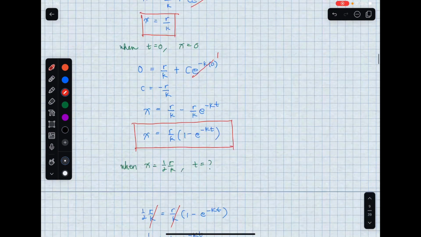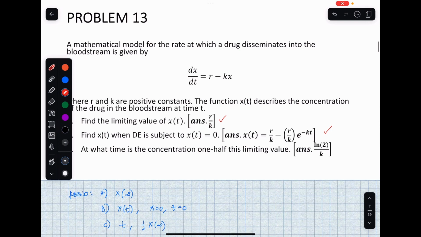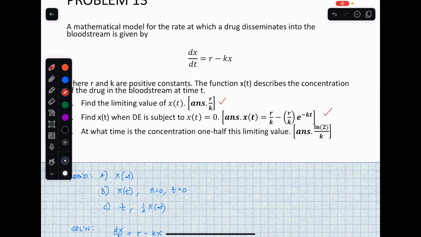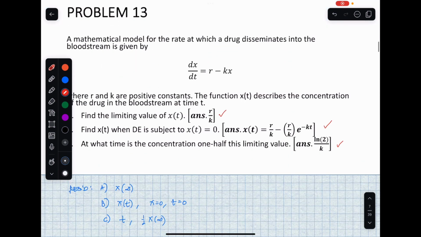So that's the time. The unit of time was not provided, so we don't have a unit for it, but the answer is ln 2 divided by k. So this is an example of a linear model where the differential equation is given, so we just solve it.